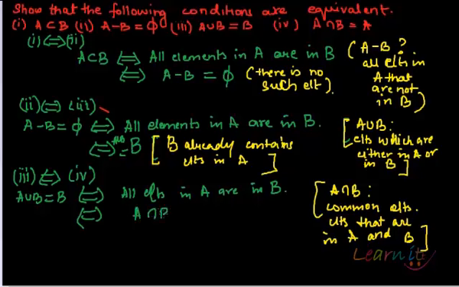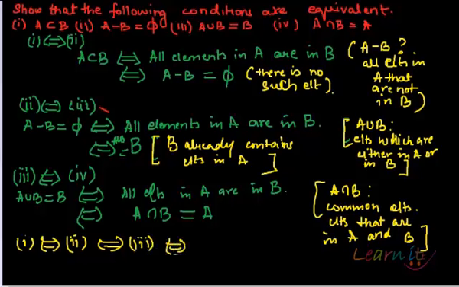So A intersection B should, in this situation, equal A. So what have we proved here? We have proved that 1 if and only if 2, 2 if and only if 3, 3 if and only if 4. So we have 4 equivalent statements. Thank you.